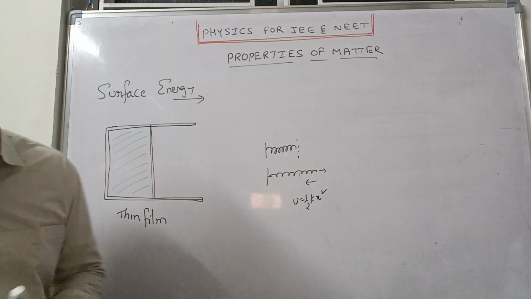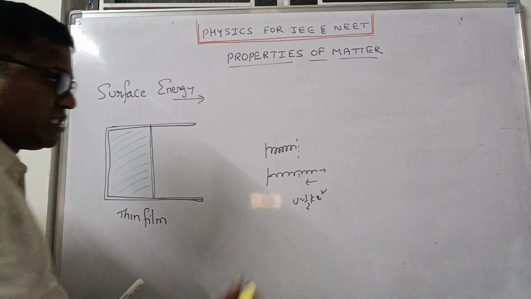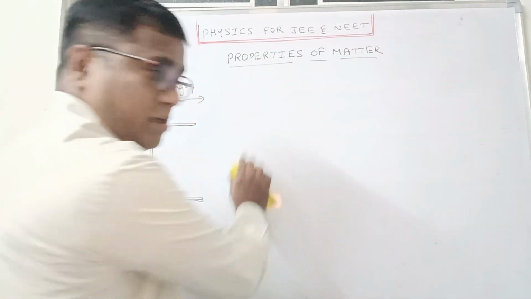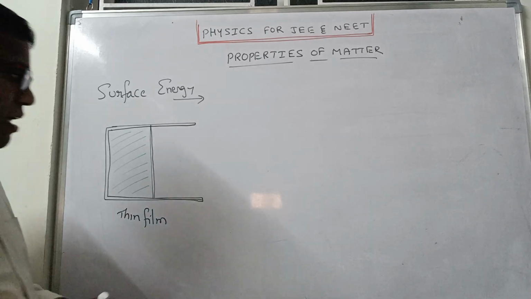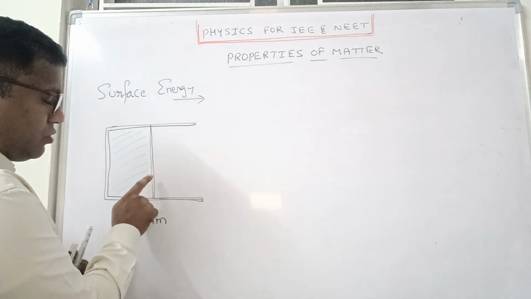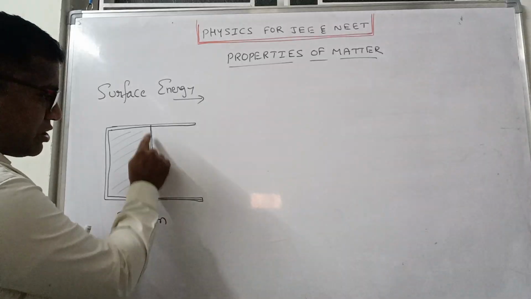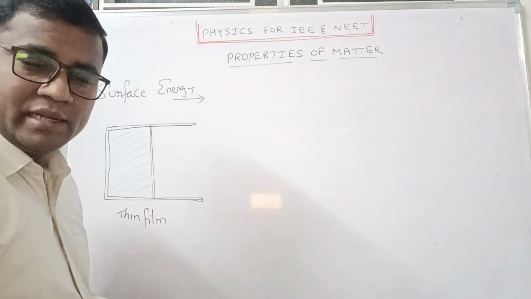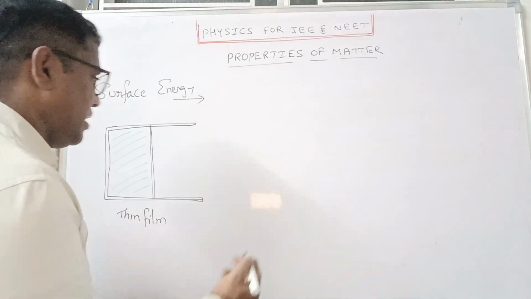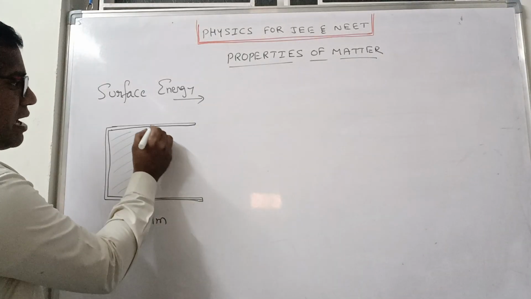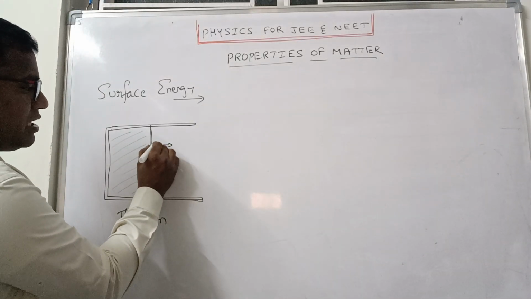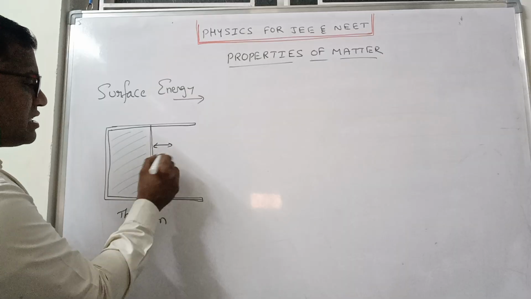Correct? Now try to understand here. In this situation, for example, I want to displace this rod through a distance dx, delta x.